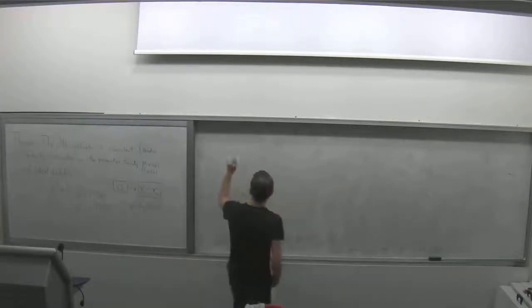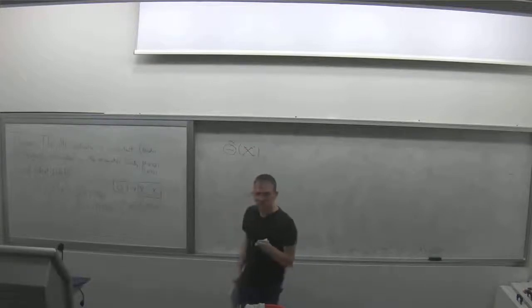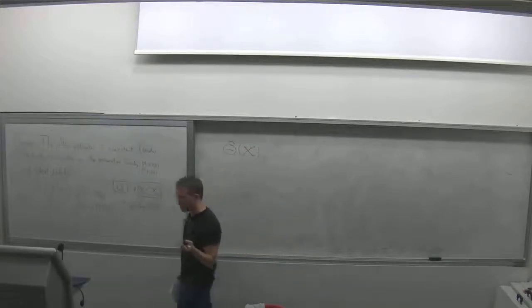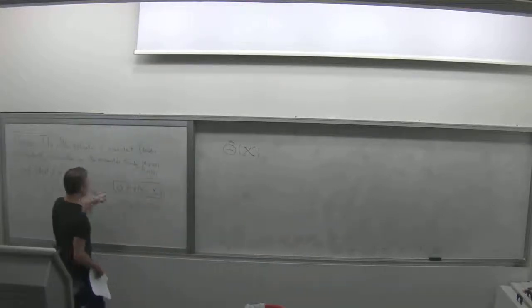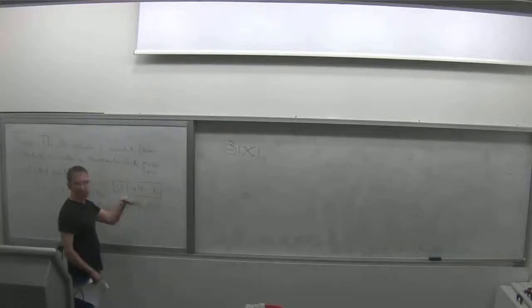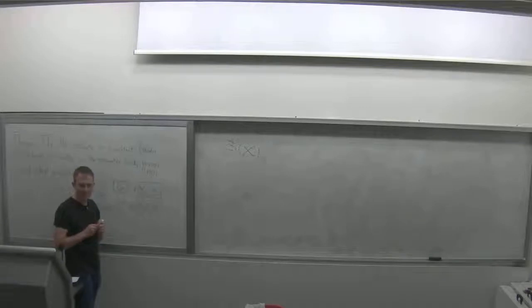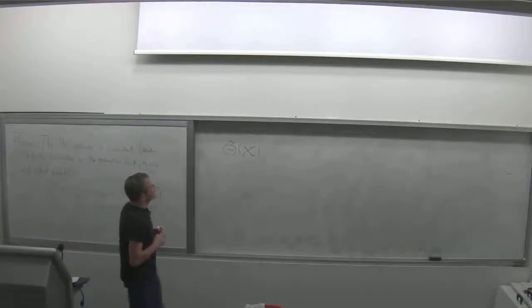So we have this estimator theta hat of xn. As we said, that's a random variable, right? If you fix theta and you generate different samples, you're going to get different outcomes for this theta hat.